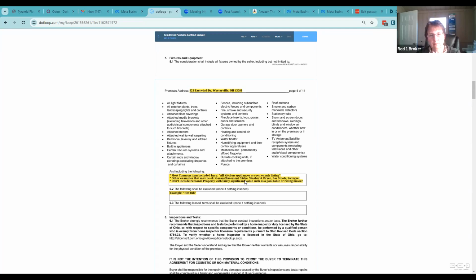So my goal in this section would be just to tell you to always over communicate everything. If it's written in the MLS, you still have to write it in this section of inclusion. So if the MLS says refrigerator, range, dishwasher, and microwave, you'd be like, oh, okay, they're on the MLS, they go with the house.